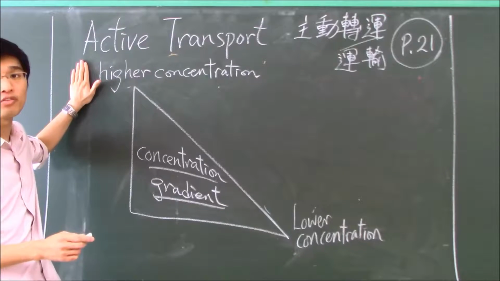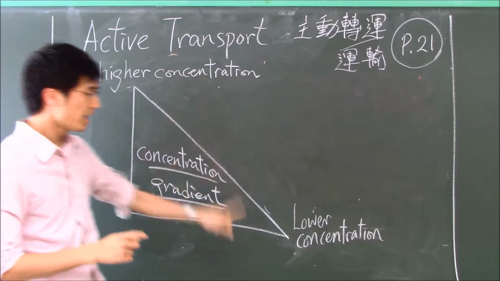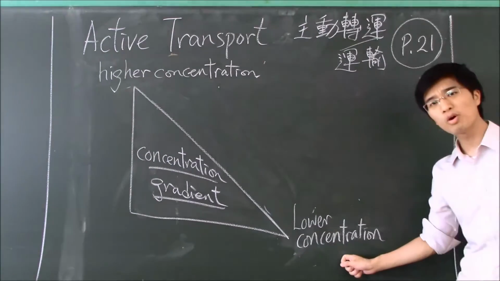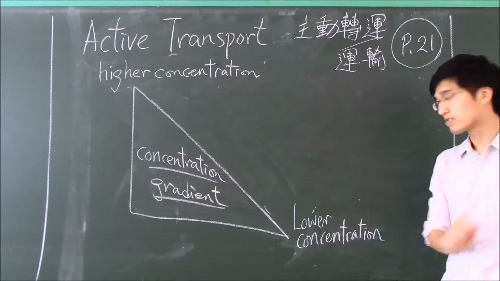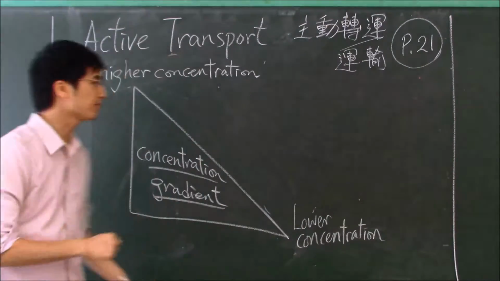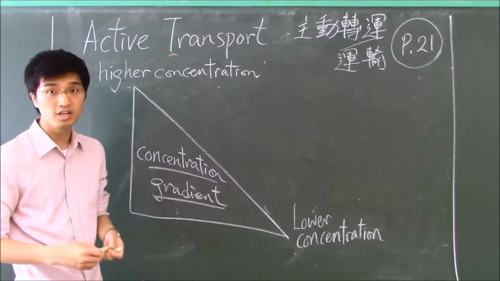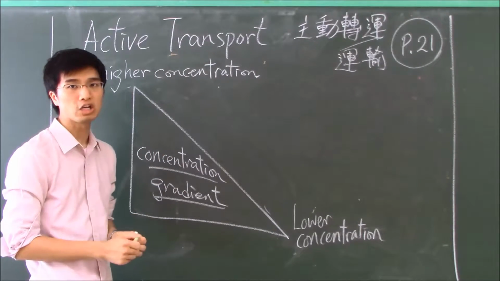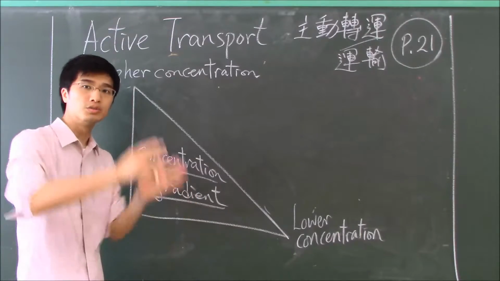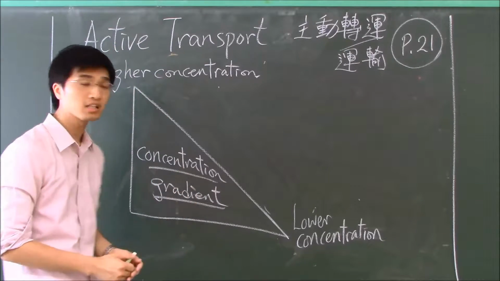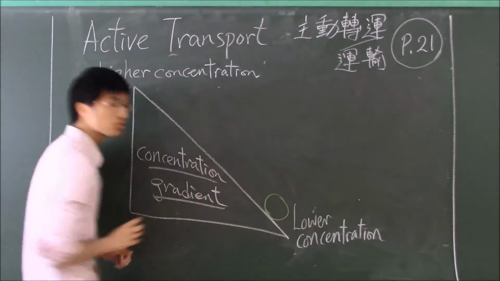At the higher point is a region of higher concentration, and at the lower point is the region of lower concentration. As we said before, active transport is helping us to move some particles from the region of lower concentration to the region of higher concentration. So you need to draw a circle first.